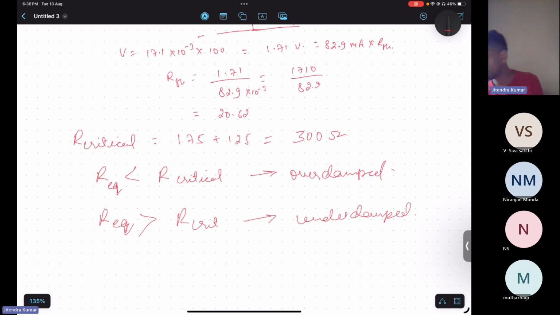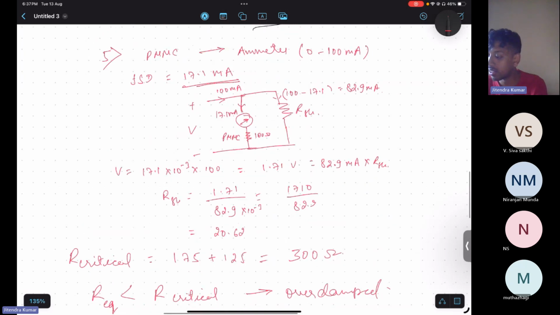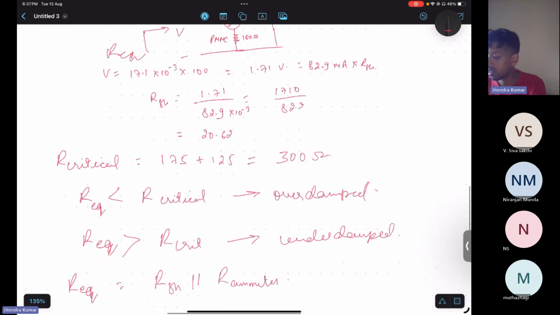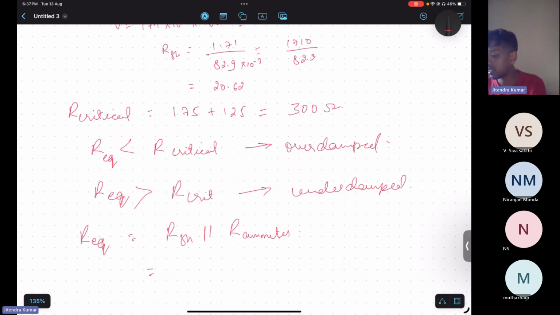And how will we calculate R equivalent? R shunt in parallel with R emitter, isn't it? If you calculate the equivalent resistance of this circuit, how much will it come to? 82.9 is in parallel with 100 ohm.